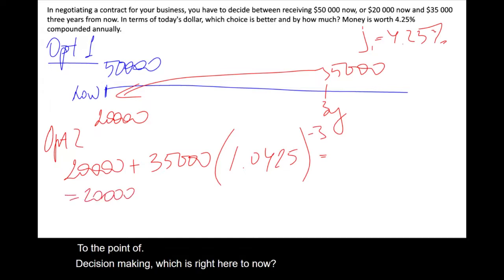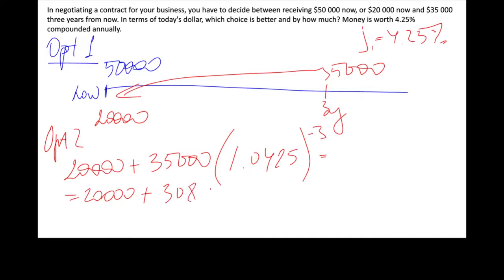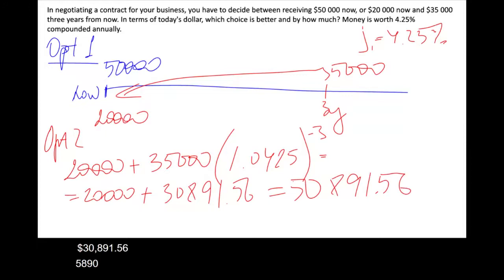So 20,000 plus, let me calculate, $30,891.56, which is 50,891.56.